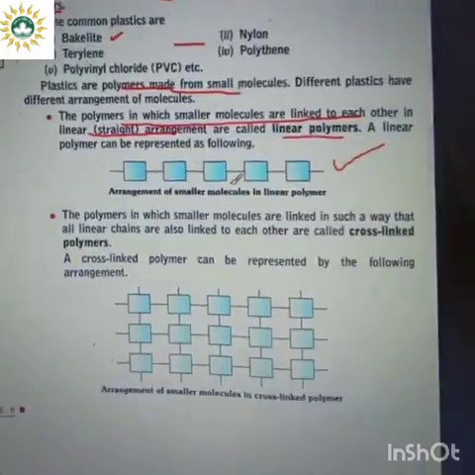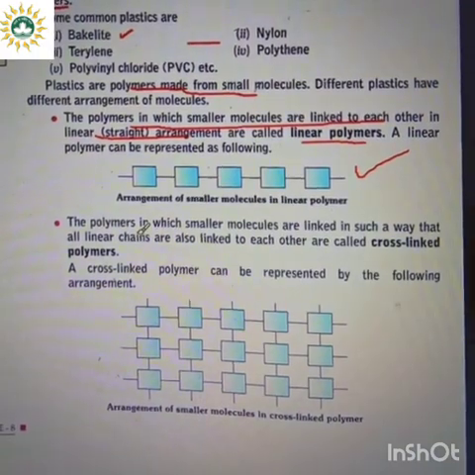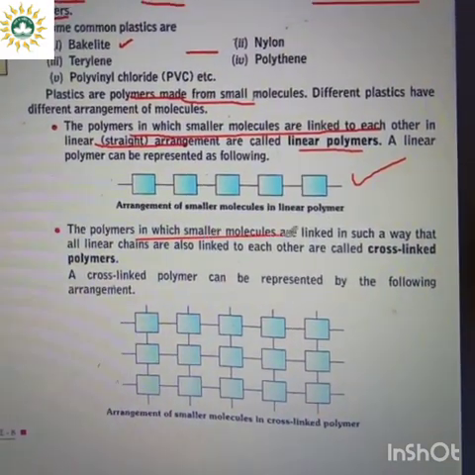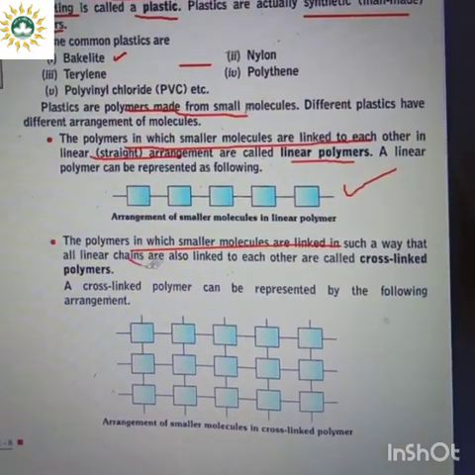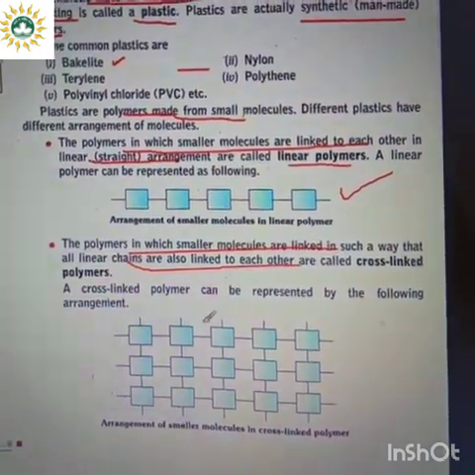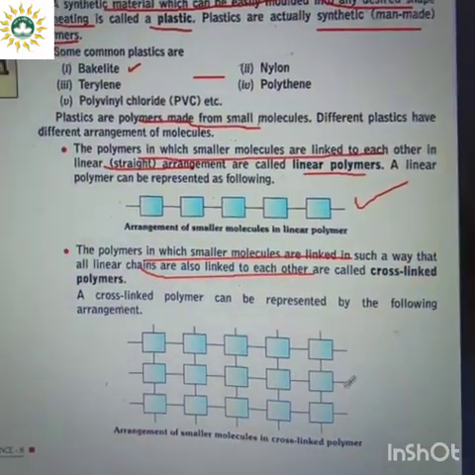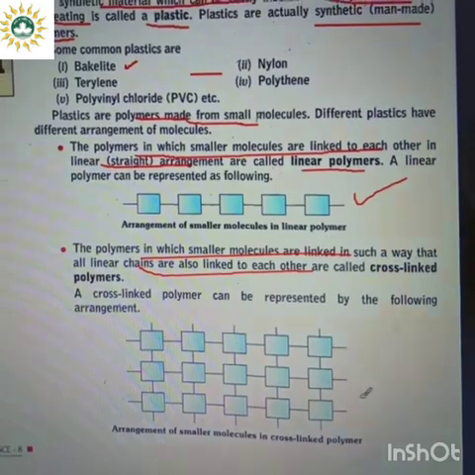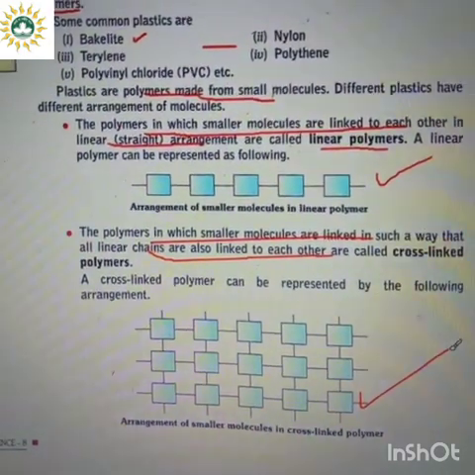And when we talk about cross-linked polymers, that means the polymer in which smaller molecules are linked in such a way that all the linear chains are also linked to each other. This is one linear chain, this is another linear chain, this is the third linear chain, and now these linear chains are also linked to each other.